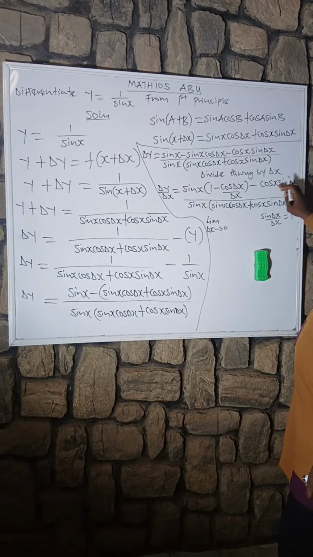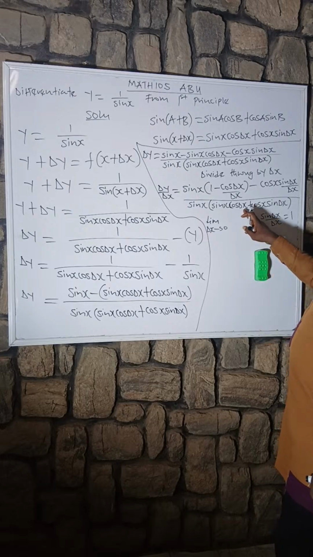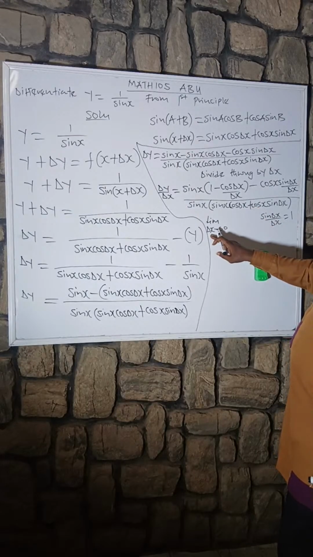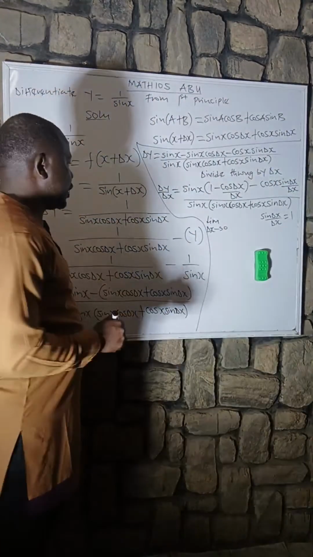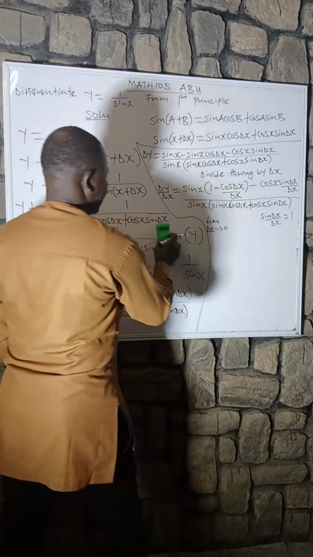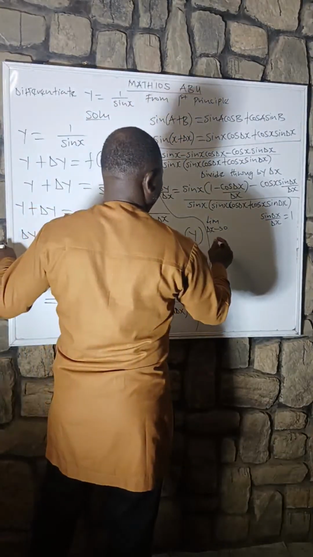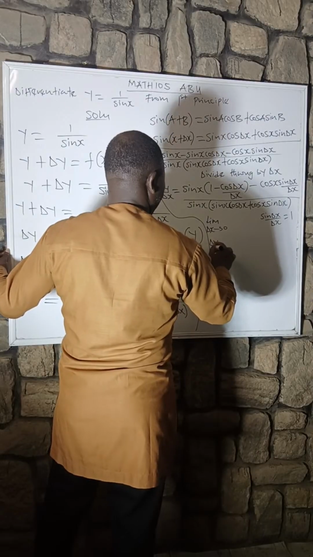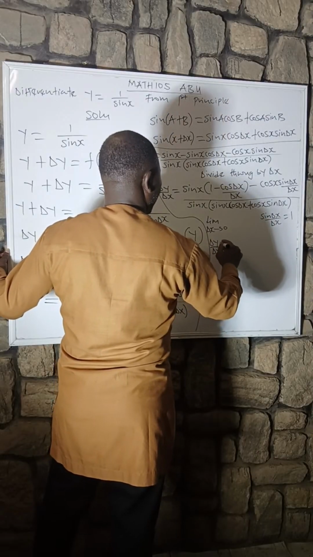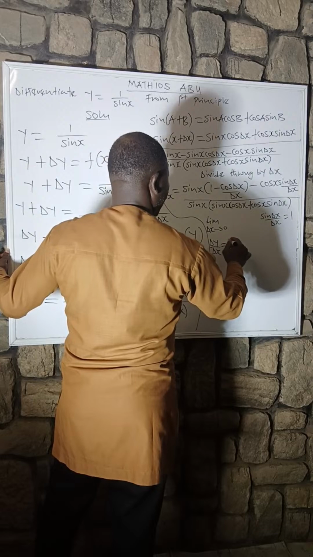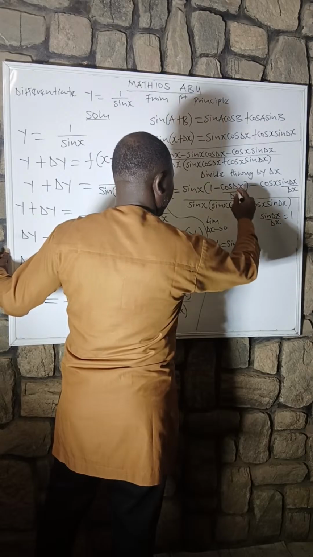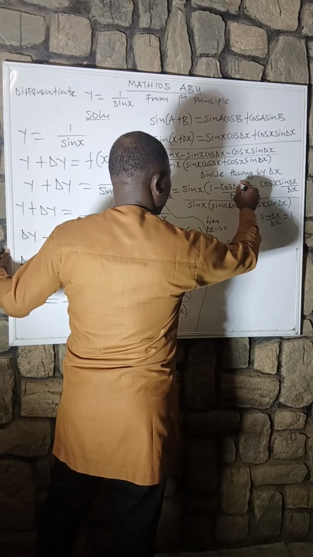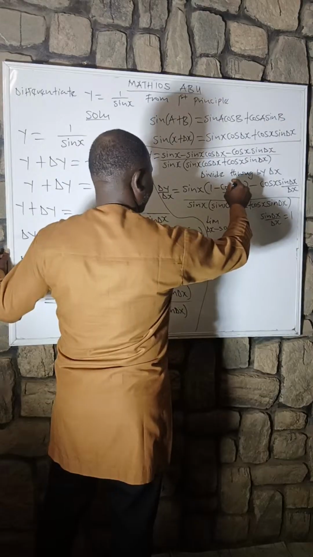So here will be 1 times cos x minus cos x. Then anywhere we see dx, we substitute in this limit. So here will now be our dy over dx equals sine x open bracket 1 minus cos x, true or false?